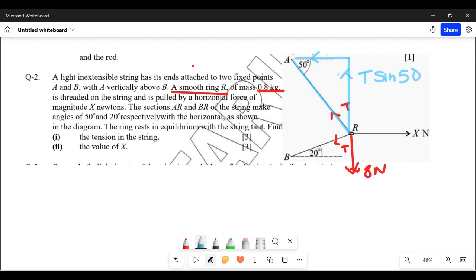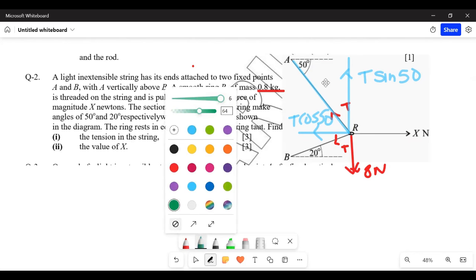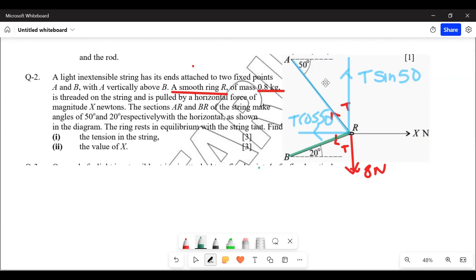Then there's a force acting on the left, which is the adjacent force, so it's going to be T cos 50. I'm drawing it here. Then there's a right-angle triangle being formed here: here's the original tension, here's the downward component, and here's the left component.